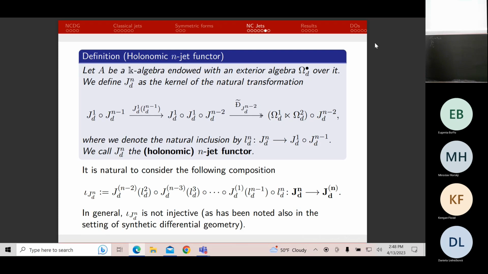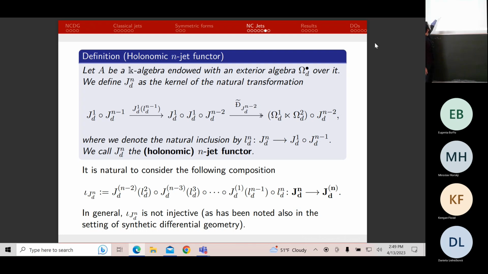Okay, so now we're in a position to do the same generalization that we did for symmetric forms. We did a similar, inductive-style definition of the n-jet. And we interpret the n-jet inside the 1-jet of (n-1)-jets. Again, we can interpret this inclusion as a sort of forgetting the relation between the two components.